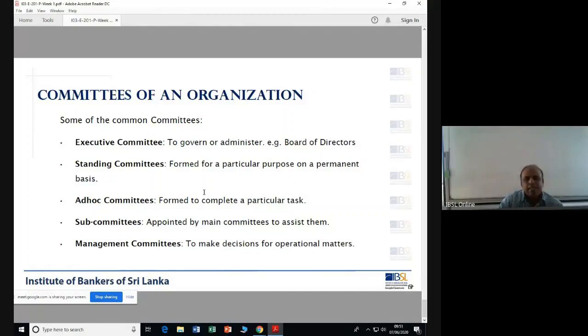So it is a combination of all these committees that runs a business concern. Even though we say some common committees, there could be various other types of committees operating within an organization. But it is always the combination of all these committees which helps the performance and the operations of an organization.